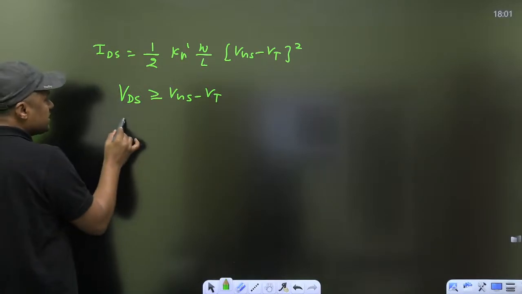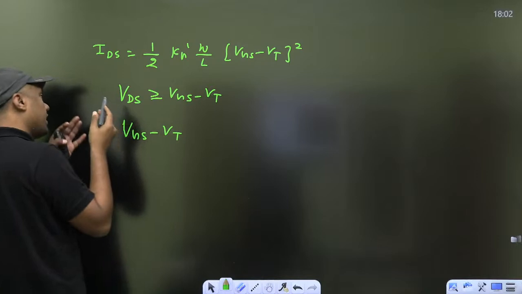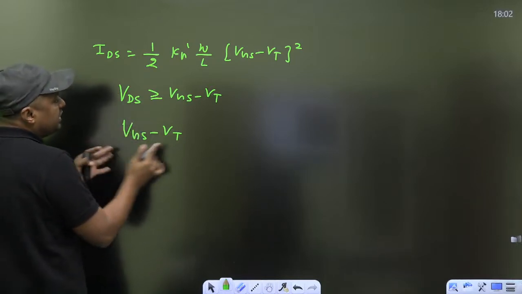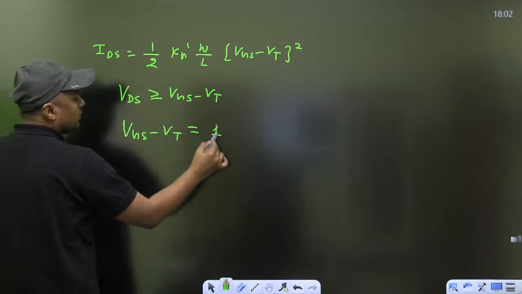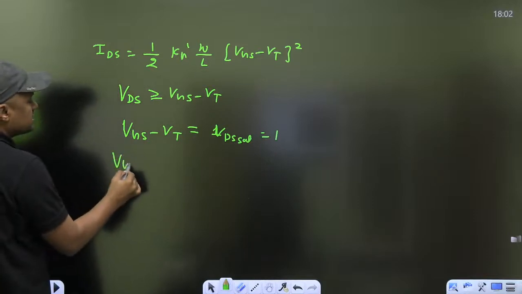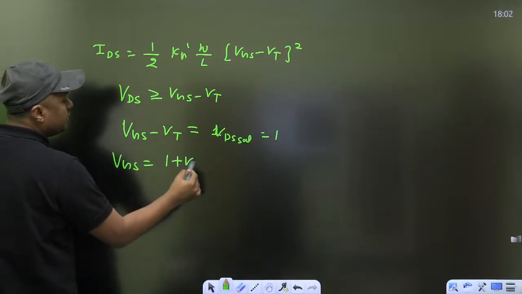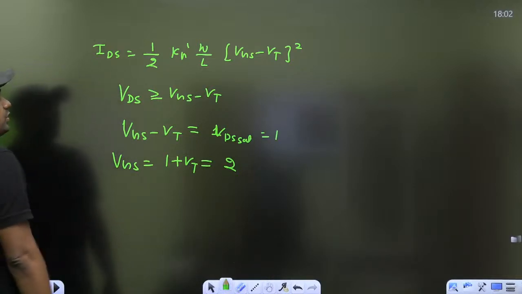What is the VDS? It is given 1. What is the VGS minus VT? If you want to use the maximum value, then again it should be equal to 1, because VDS is 1. So what is the value of the VGS? 1 plus VT, that is 2 only. Maximum value you can use only 2.